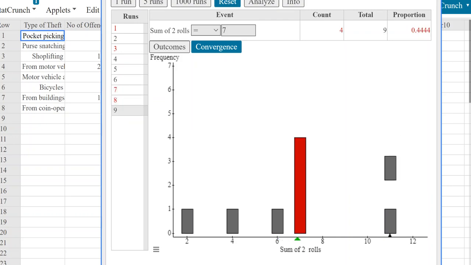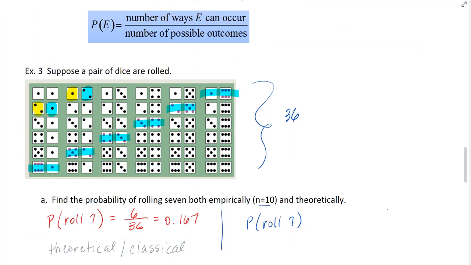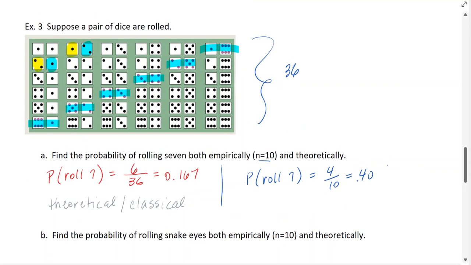And it looks like we're getting pretty good results here. So we rolled the dice a total of 10 times, and 4 of those times resulted in a sum of 7. So we got 4 out of 10 rolls, or 40%, or 0.4 of our experiment resulted in a sum of 7.